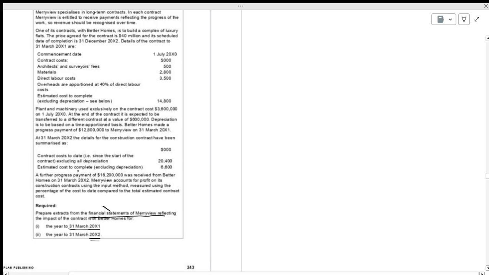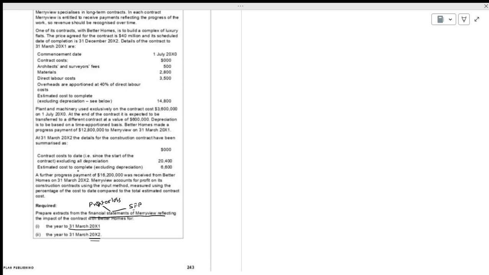When we talk about financial statements, we have to take the profit or loss and the statement of financial position. Both we have to take, for a complete overview and understanding of how things will work.